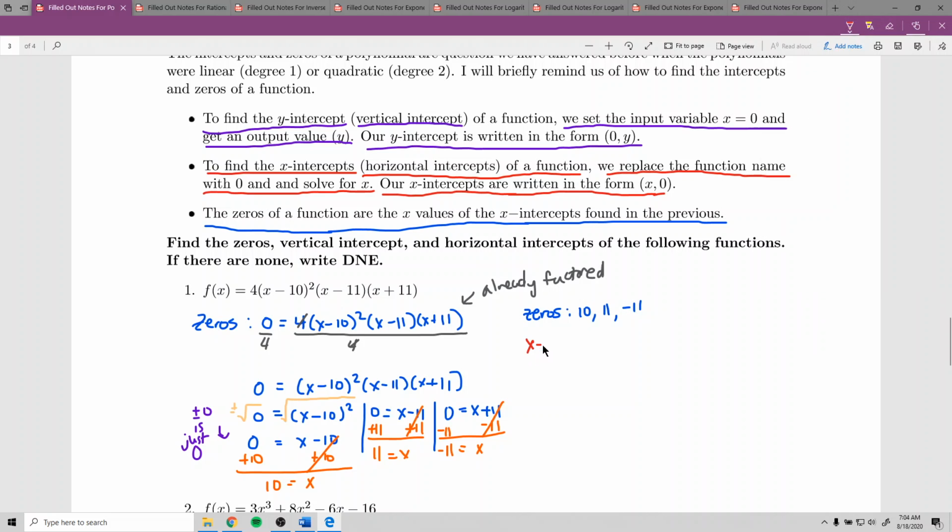The x-intercepts go along exactly with the zeros. These are the x values, and the y value is 0. The zeros are the x value of the x-intercept. So we got (10, 0), (11, 0), (negative 11, 0).